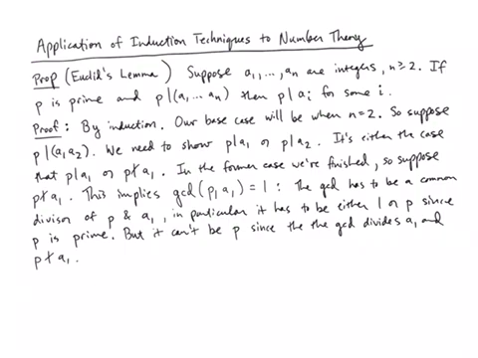So what do we get from that? Well, the GCD is expressible as a linear combination of the two things involved. So thus, p times u plus a1 times v is equal to 1 for some integers u and v.